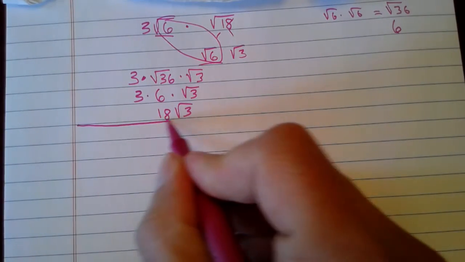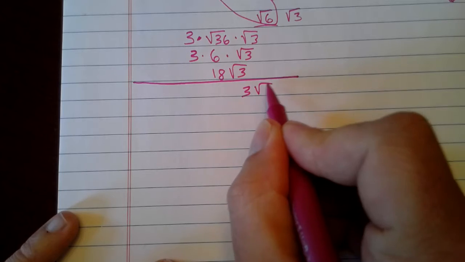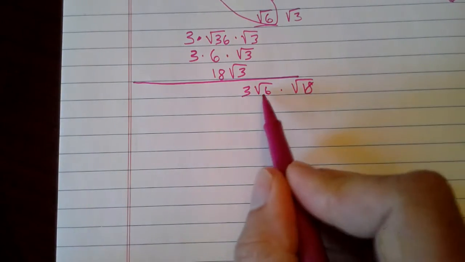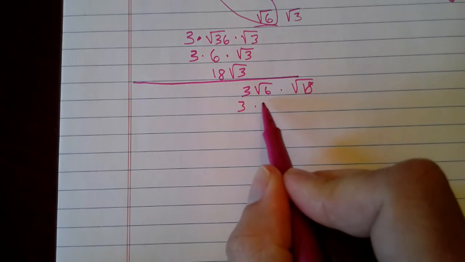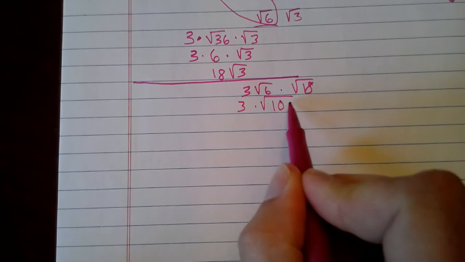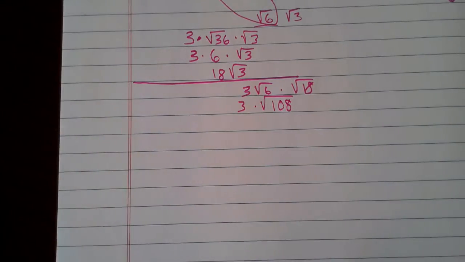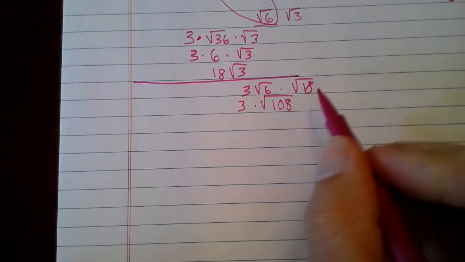Let's break it down and do it again. All right. Let's do 3 root 6 times root 18, and let's just do it flat out. Let's multiply 6 and 18. That will give me 108. And now I can figure out factors of 108 that are perfect. Kind of tough. I'm going to just start with 9.